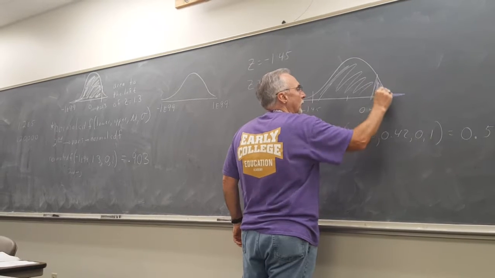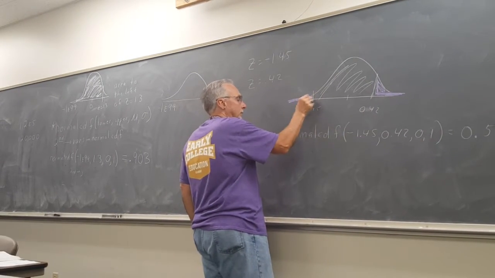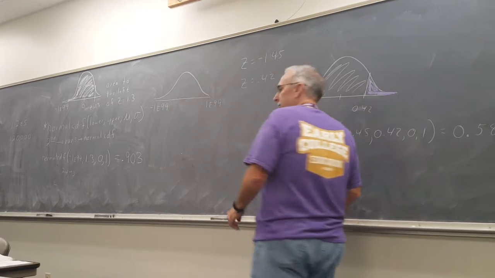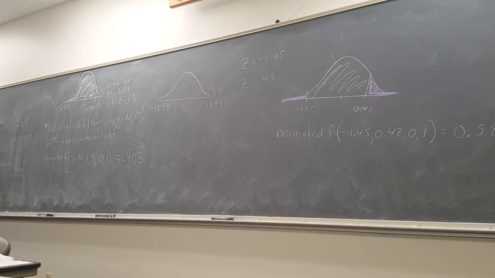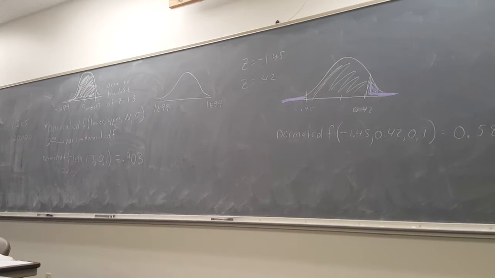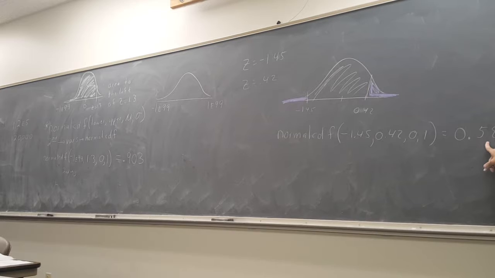So let's take this exact same problem, and let's say we want to find this area. How would you calculate that area? What's the area under the whole curve? 1. What's the area in the middle? That, right, 0.58?